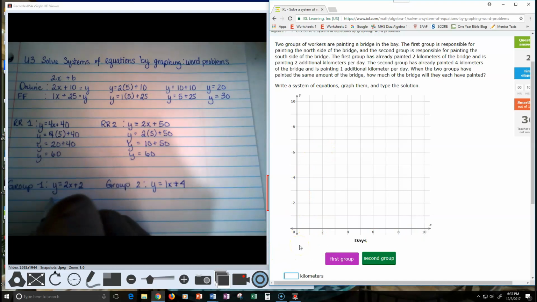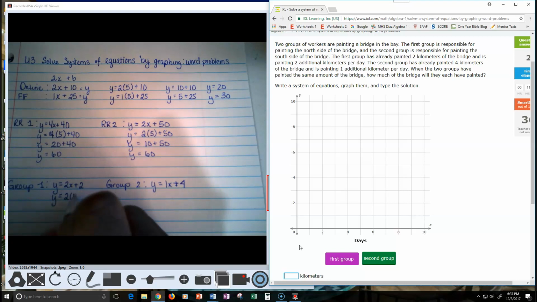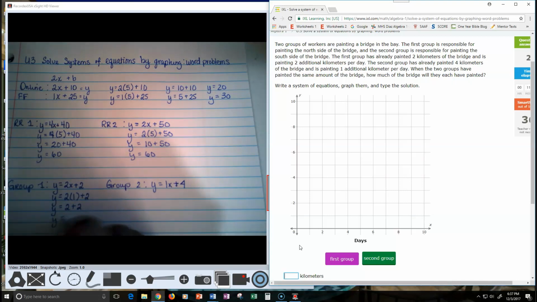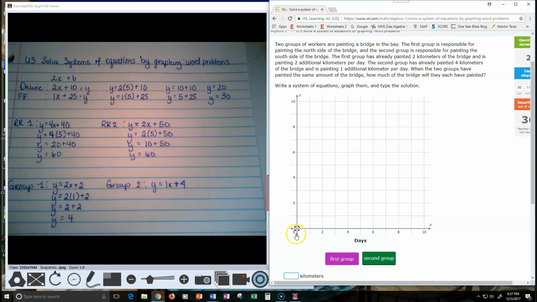So we have y is equal to, let's use 2 multiplied by 1 plus 2. So we have 2 plus 2, y is equal to 4. So that says when the first group paints 1 day, they will paint 4.